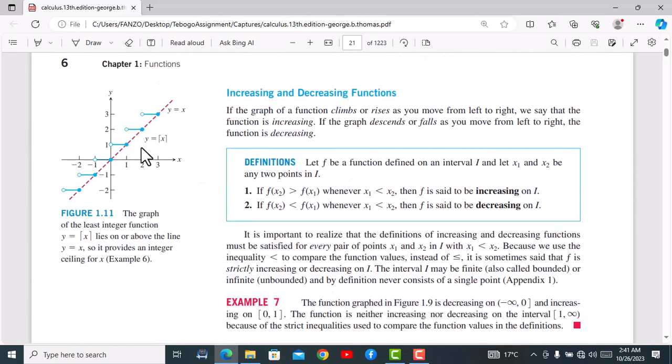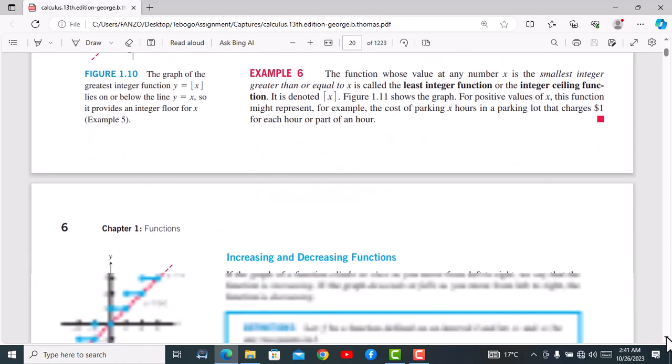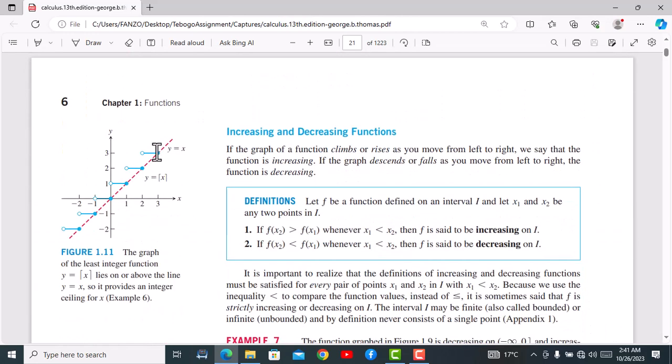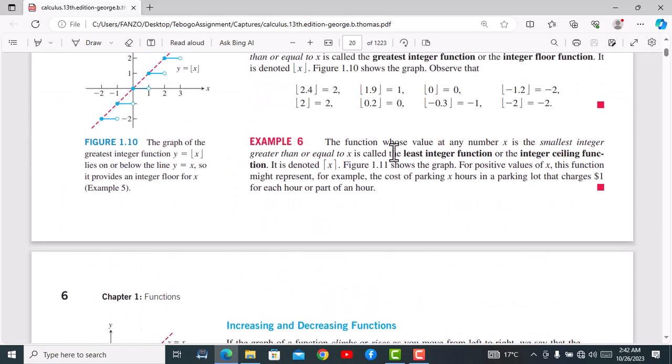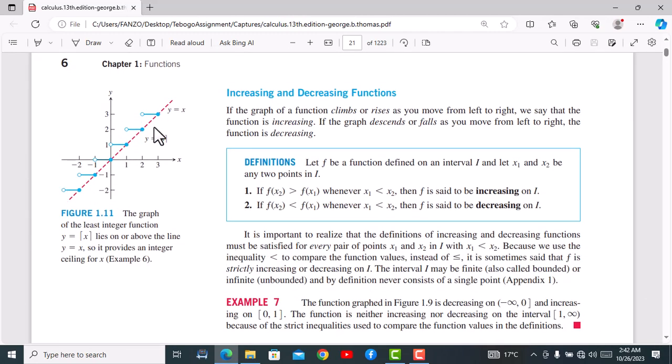But here, look what is happening. This one points to a value that is higher, and this one points to a value that is lower. Therefore, this is what we call the least integer function or the integer ceiling.